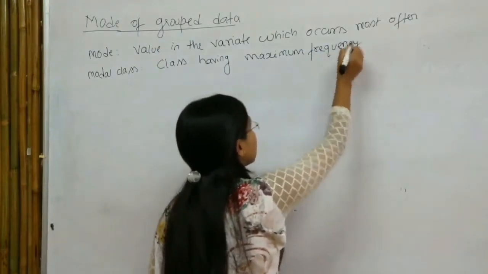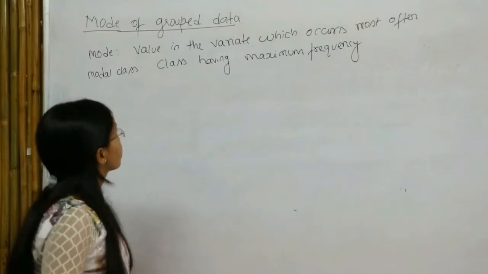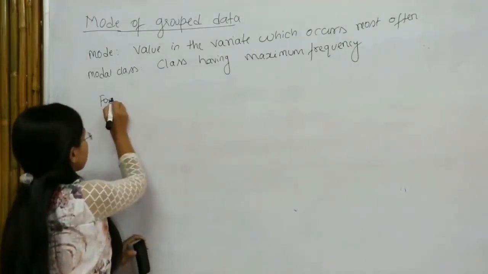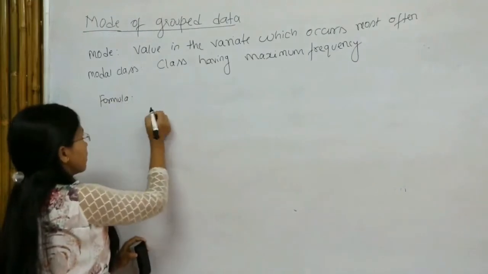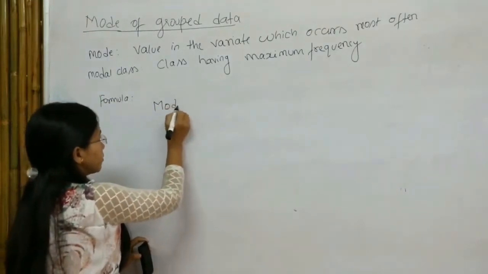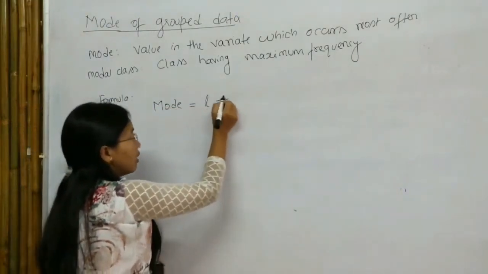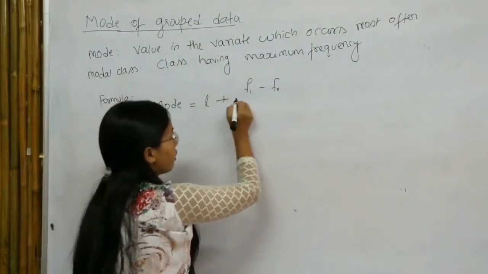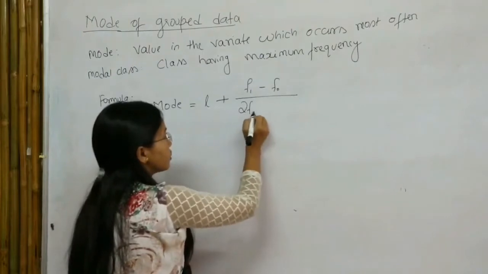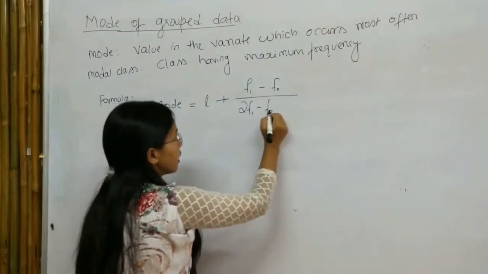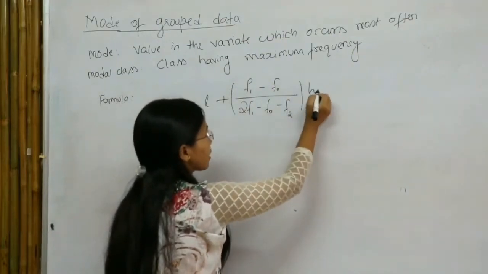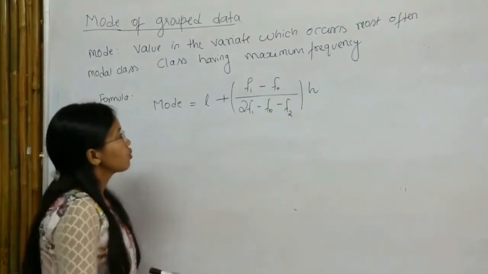So now we will write what the formula of mode is. The formula of mode is equal to L plus (F1 minus F0) divided by (2F1 minus F0 minus F2), whole thing multiplied by H. So what is L?